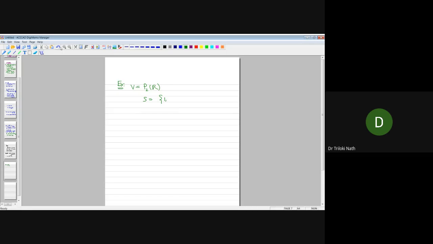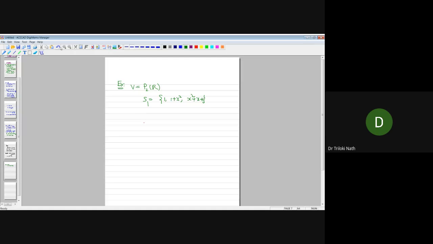1 plus x square plus x plus 1. Let us call this S1.